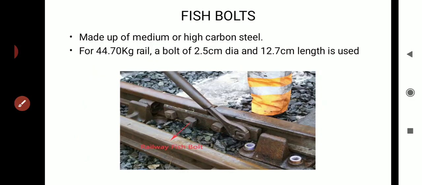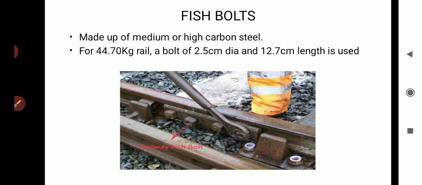Then next come the face bolts. Here also face bolts are used to connect rail to rail. We have seen that faceplates are used to connect rail to rail, and face bolts are also used to connect rail to rail.